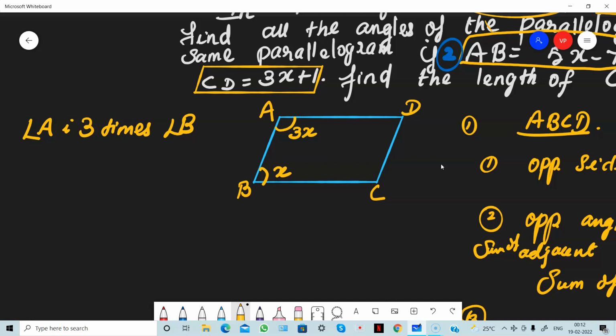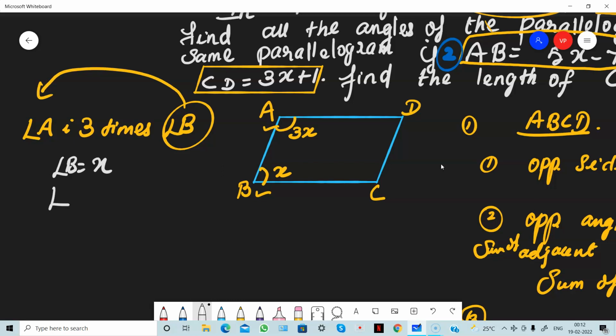So you have to take B as x, and A should be 3 times B. First you take B, then A. So we take angle B equal to x and angle A equal to 3x.